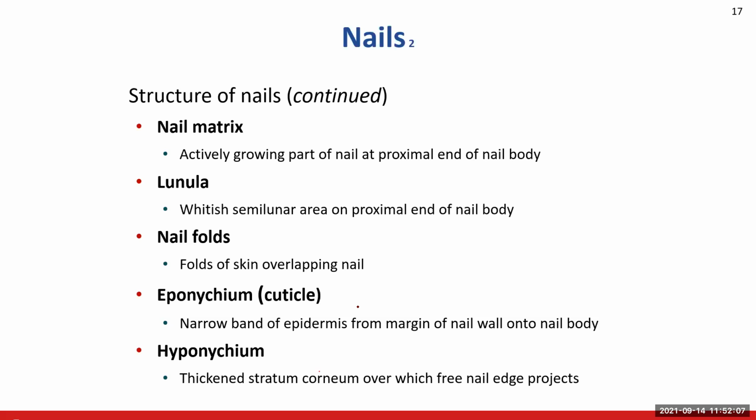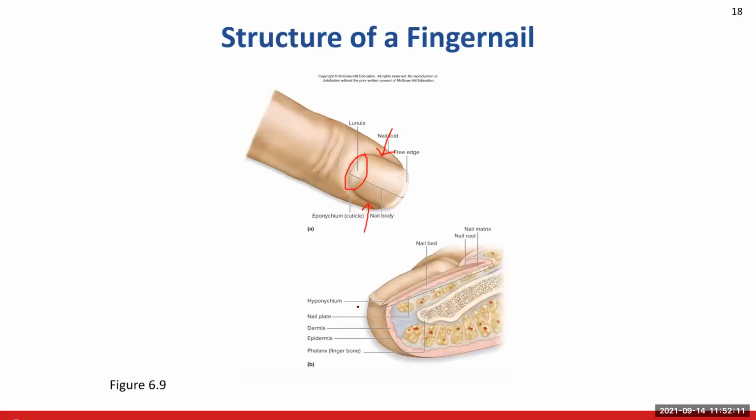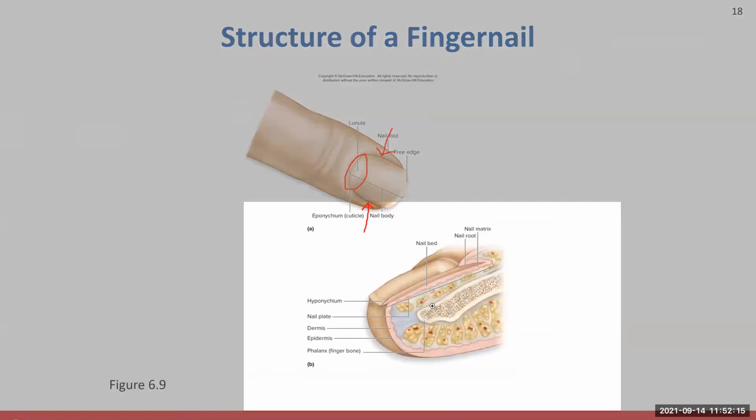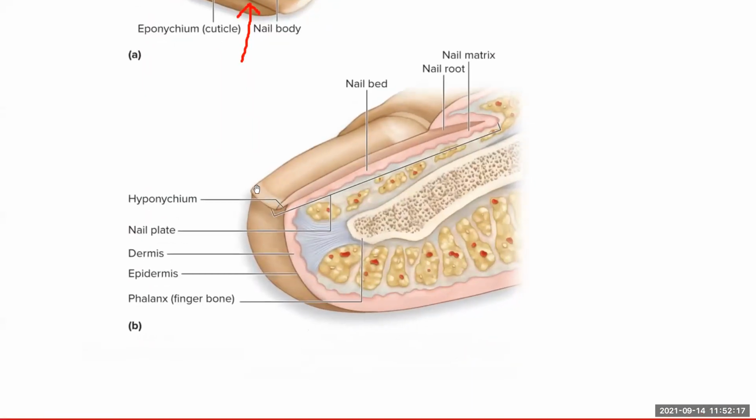And then the last structure is the hyponychium, right? And that is going to be this area right here, right underneath the free nail edge. If you cut that away, you'll see a thickened region of the stratum corneum. You may have seen it if you cut the nail too short. Okay, and you see that thickened region, that is referred to as the hyponychium.